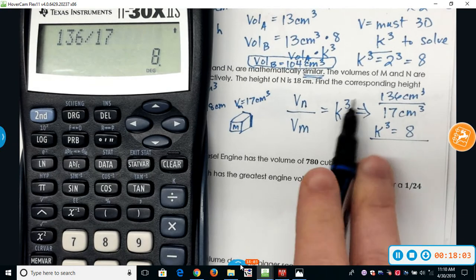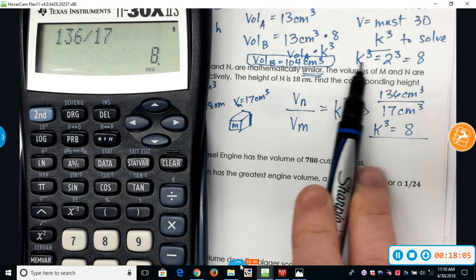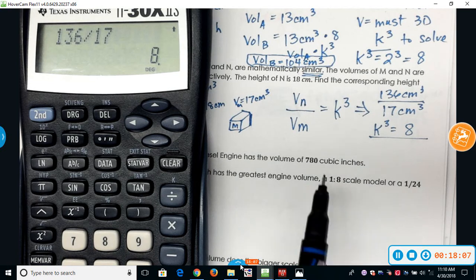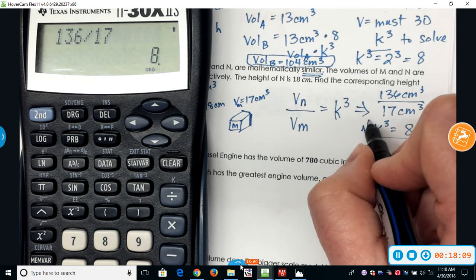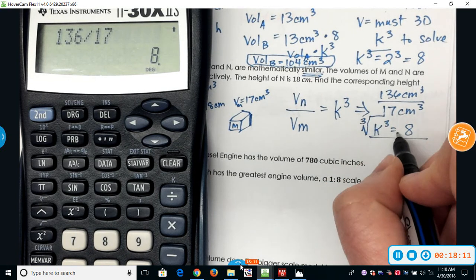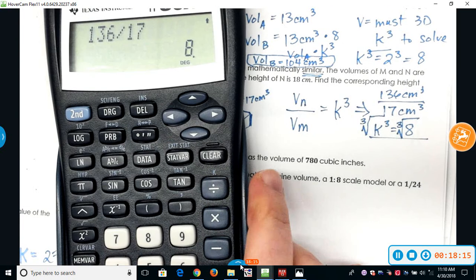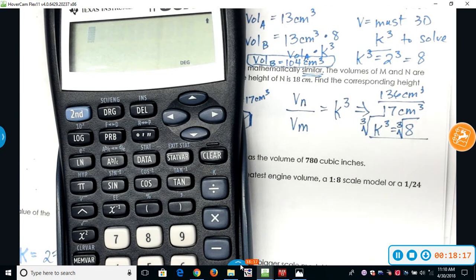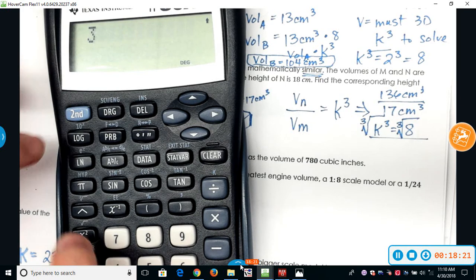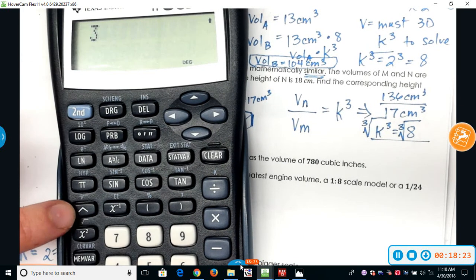Because we've done that one before, K cubed, so I know that the cubic root of both of these, let me show you how to do that in the calculator in case you forgot. I'm going to type 3 for cubic, and then remember we've been using this caret key.